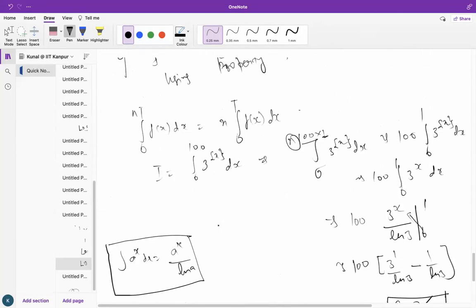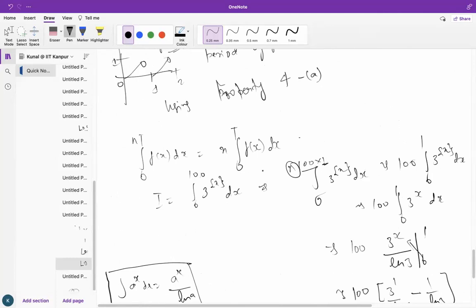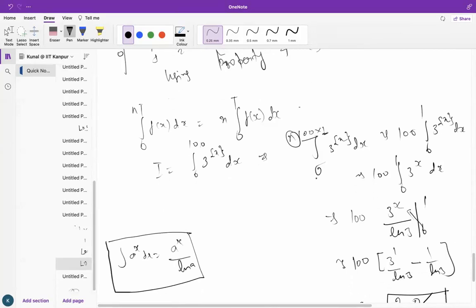I rewrite the equation. Our n value here is 100. Then what I'm trying to show here is basically using property 4a by integrating from 0 to 1, and we know that in 0 to 1 our fractional part of x is equal to x.